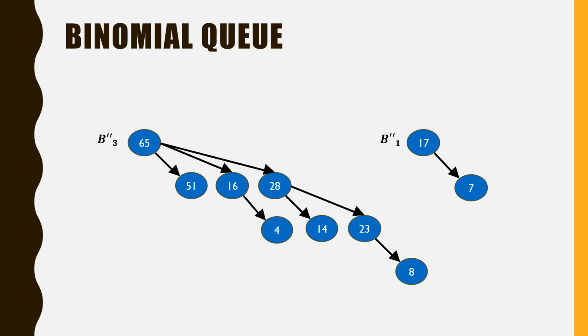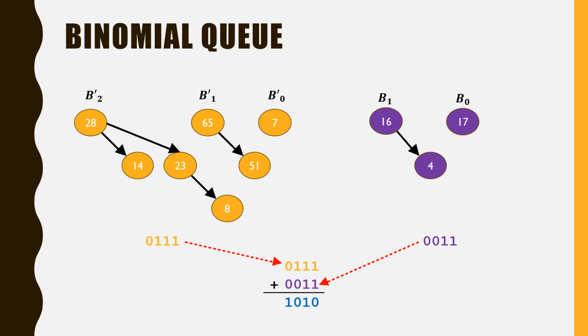We can verify that all data elements are included in this new binomial queue, and that each binomial tree within it maintains the heap order property. The merge of two binomial queues can be understood using the standard method for adding the binary representations of the binomial queues.